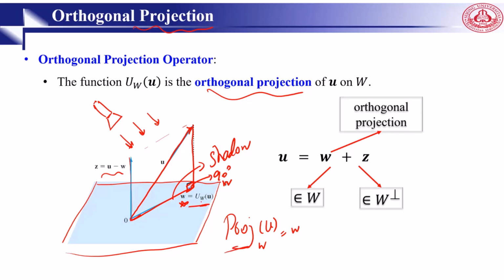So the projection of u is the orthogonal projection of u on the subspace W, and the line segment connecting the endpoints gives the length. So u is equal to w plus z, or z is equal to u minus w. This is z. w is in the subspace and z is in W perp. This is called orthogonal projection.